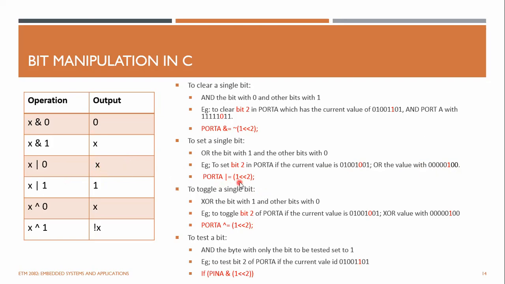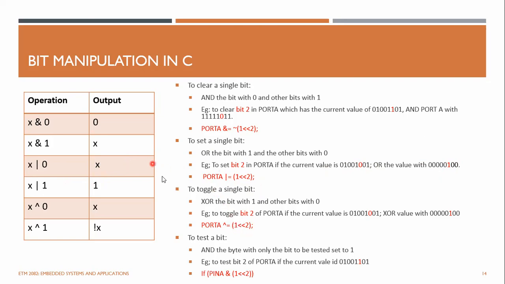So this is the code, like set bit 2 with 1, right? And the rest will be 0. You don't do anything. And then you take the OR operation for the whole thing.